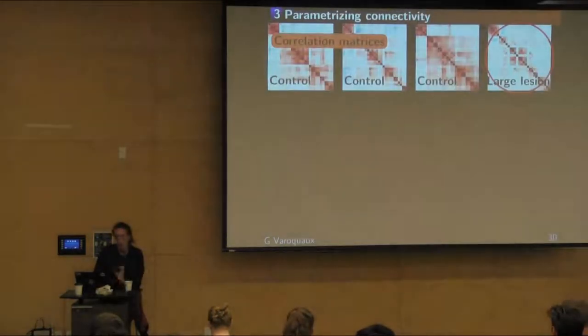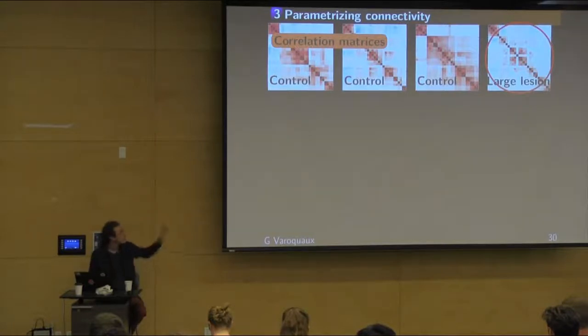And then the other thing I want to talk about is which parameterization of functional connectivity should we use? Maybe the most natural one is correlation matrices. And this is a real data set where we have 3 controls and 1 subject that has a stroke, a fairly large stroke. And what you're seeing is that the differences are extremely non-local. They're extremely distributed, both across the controls and in the patient.